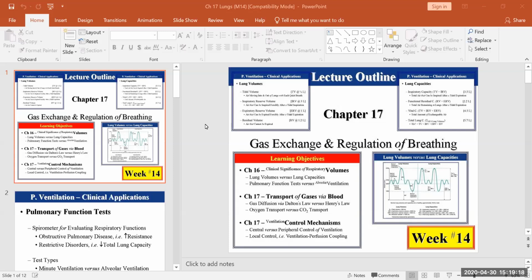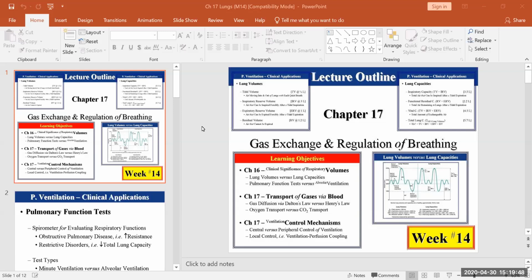On the menu today, we are talking about chapter 17, actually a little bit of chapter 16, reviewing some concepts from anatomy, Bio 31, giving us a foundation to talk about the pulmonary physiology or the functionality of our lungs in chapter 17.